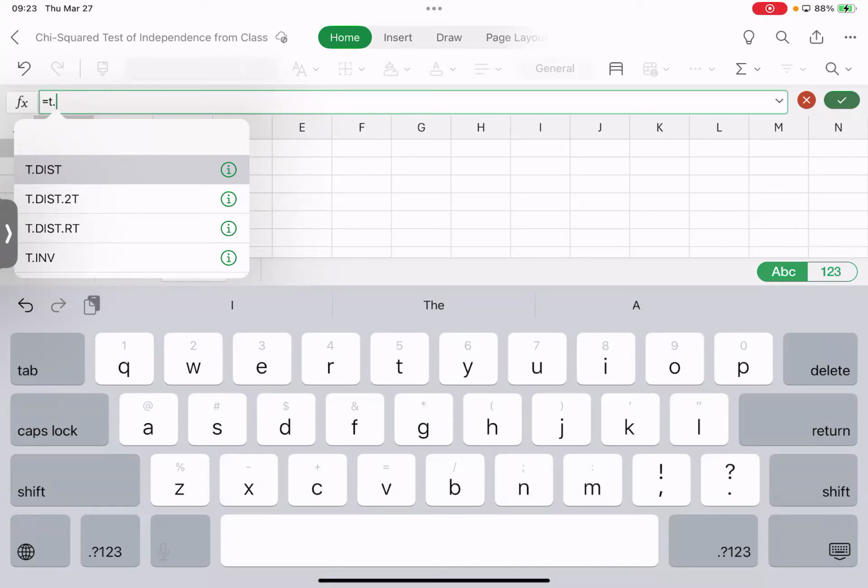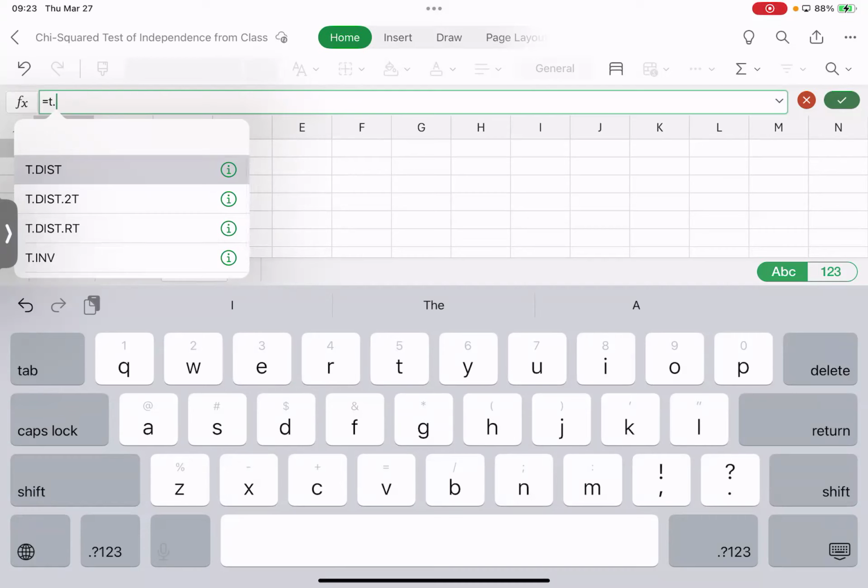We've got t dot dist dot right tail. That means you don't have to do the 1 minus. For a positive t, you would have to do the 1 minus trick. And then you've got the t inverse, t dot inverse two tailed, and the t dot test. Ooh, that's juicy. I'll save that for next week.